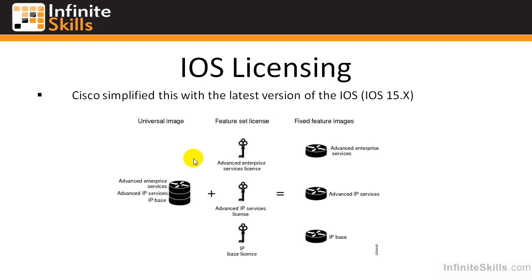You don't have to worry about what feature set the image you have installed has installed in it. You know it's already there. And depending upon the license key that you use, it unlocks certain features within the iOS. So let's say you need IP base and voice. Well, you can unlock just IP base and voice and not have to worry about licensing advanced enterprise services if you don't really need advanced enterprise services.